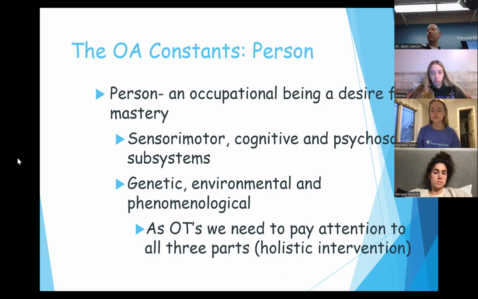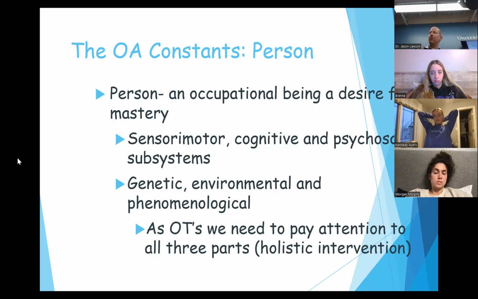So like I mentioned, the person is made up of, or we all have sensory motor skills. So all of our senses, right? Taste, hearing, sight, touch, maybe proprioception, vestibular senses, all of those things that help us to react and move and coordinate. Okay, so that's that sensory motor.